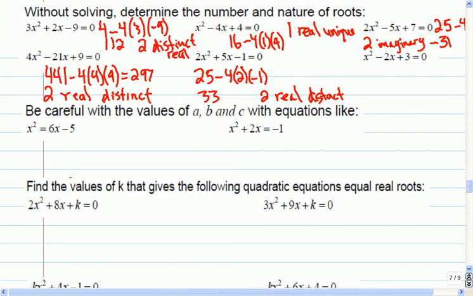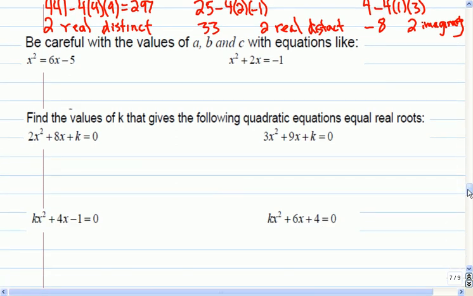And then on the last question, it would be 4 minus 4 times 1 times 3. So this would be negative 8, which means I'd have 2 imaginary solutions. So, again, be careful when you're dealing with equations like this. They need to be sorted out. So we're dealing with x squared minus 6x plus 5, x squared plus 2x minus 1, before you end up going and moving into your discriminant.